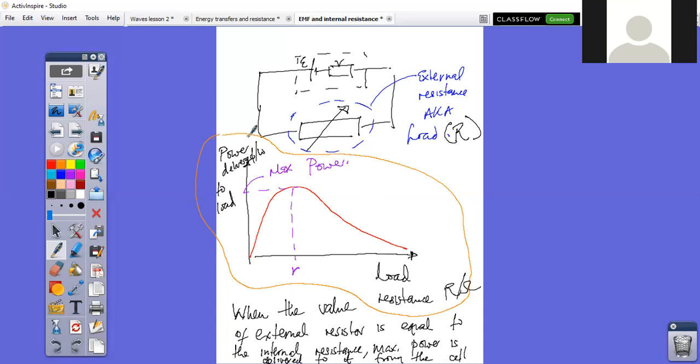Now, something else here just to touch on, very quickly and very briefly.